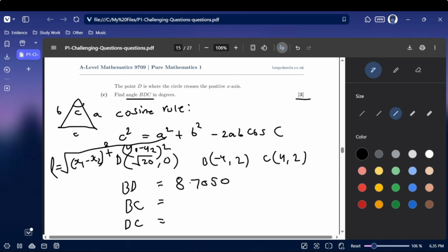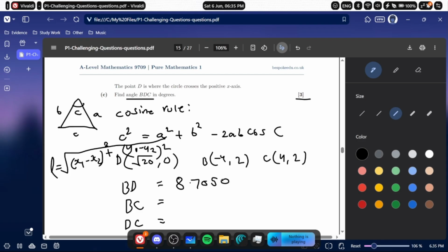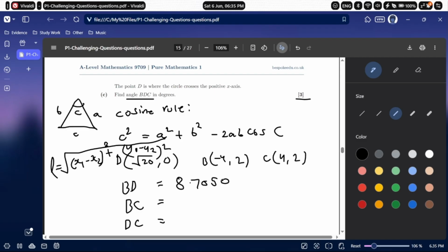For BC, it's minus 4 minus 4 the whole square plus 0. So for BC, I'm getting 8 as length. And then you have to find out DC. So that's just root of 4 minus root 20 the whole square, and that plus 2 square. So 2.055.